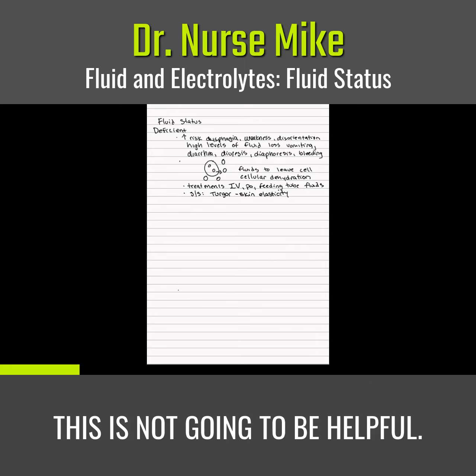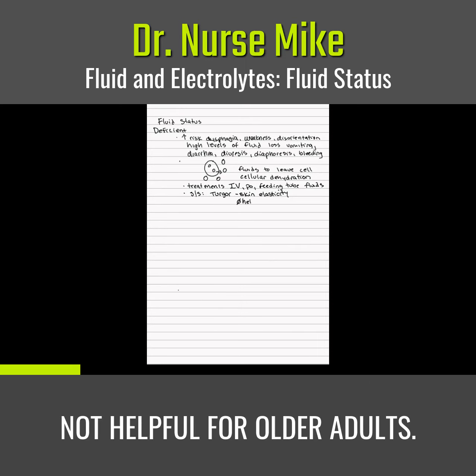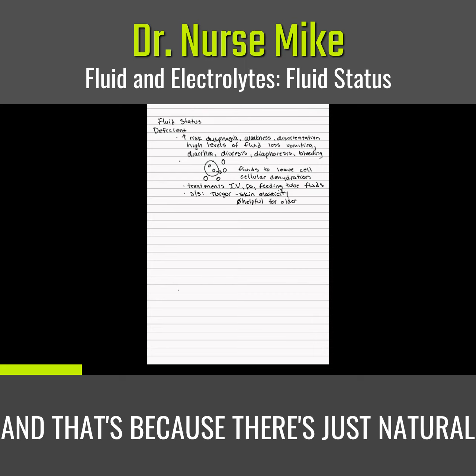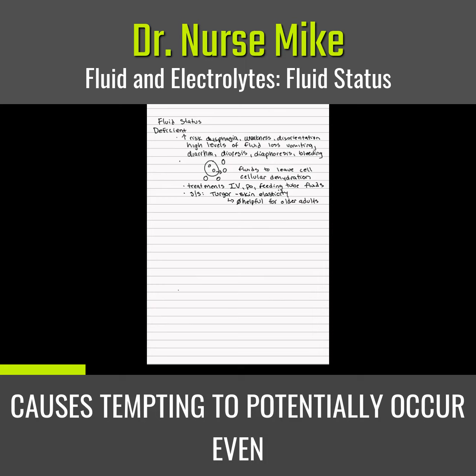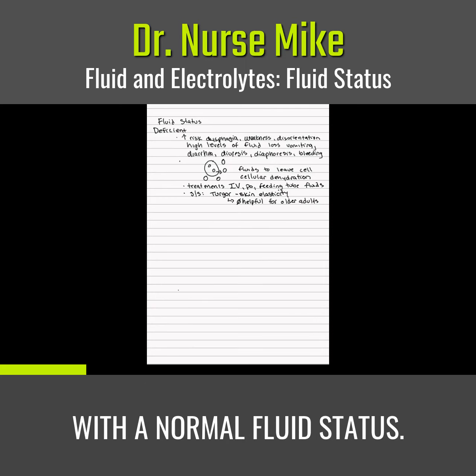This is not going to be helpful for older adults, and that's because there are just natural changes to our skin elasticity, which causes tenting to potentially occur even with a normal fluid status.